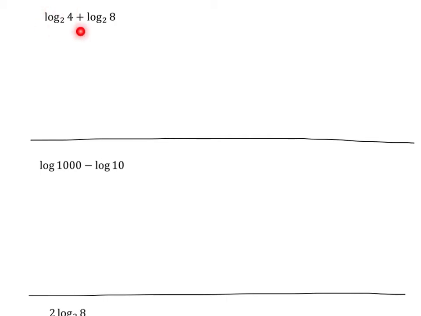Take a look at this first one. Log base 2 of 4 plus log base 2 of 8. According to the properties I just showed you, this should be equal to log base 2 of 32, because 4 times 8 is 32. Is that true? Well, we know these logarithms. What's log base 2 of 4? That's 2, because 2 squared is 4.